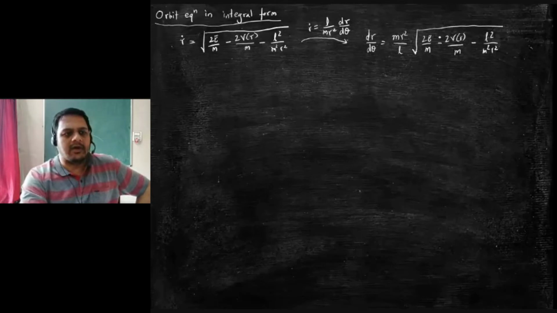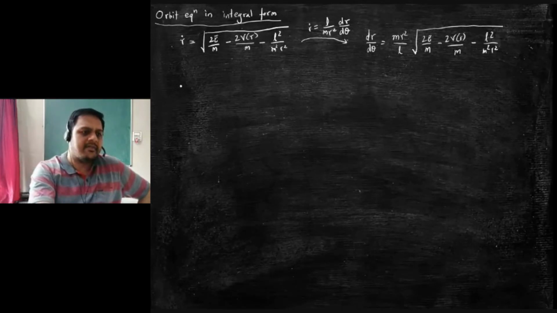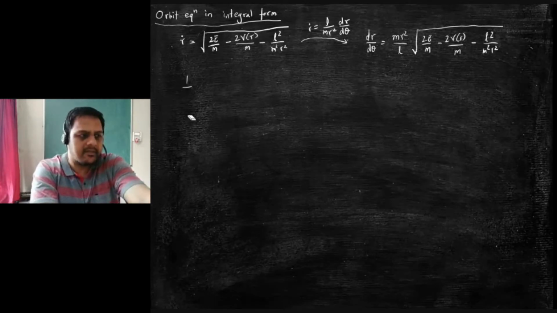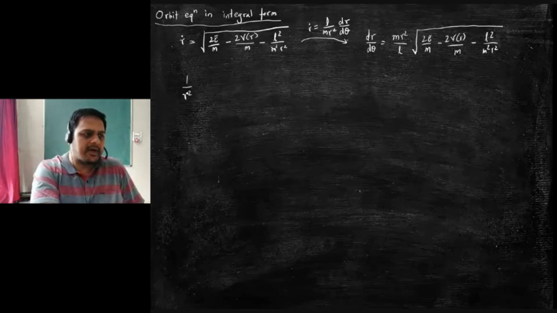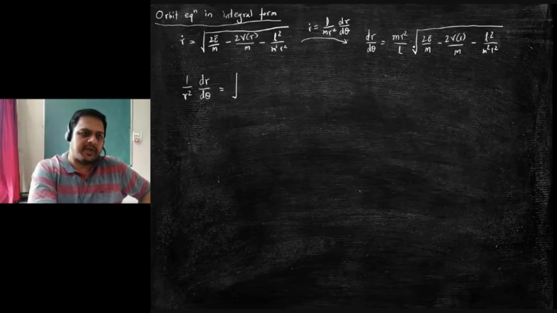If you plug all these things inside, actually don't plug everything inside, let us do it this way. We can rearrange this to give 1 by r square dr by d theta is equal to, I have taken the r square back here. Of course, multiply this inside.